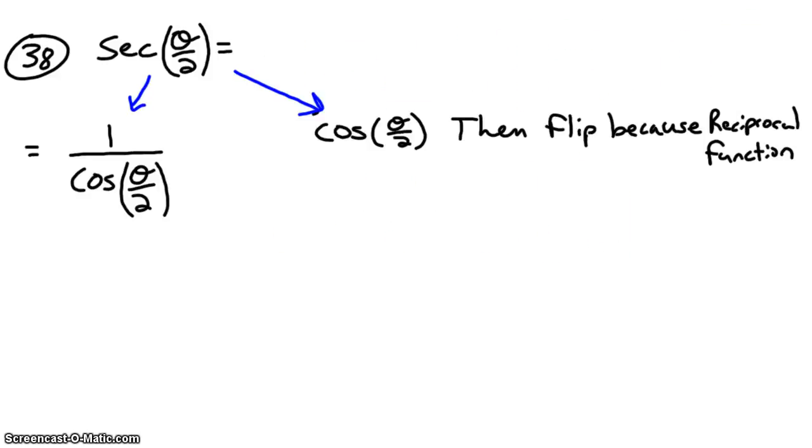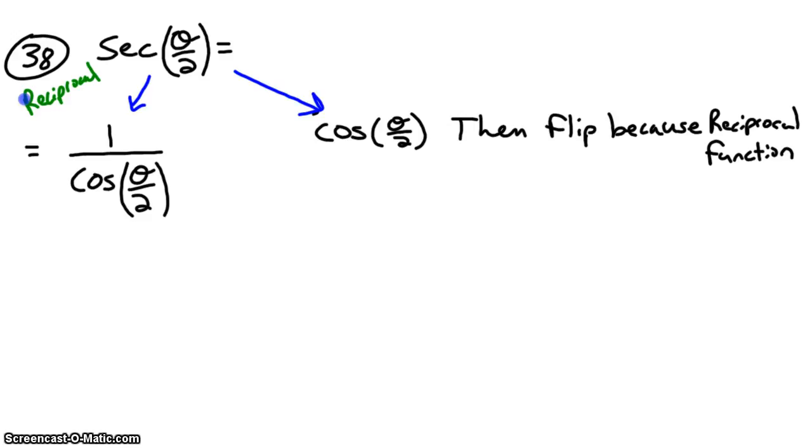Now I'll skip to 38. I chose 38 because it is secant theta over 2, and we don't have a half angle identity set up for secant. However, we can remember that it is a reciprocal of the trig function cosine.